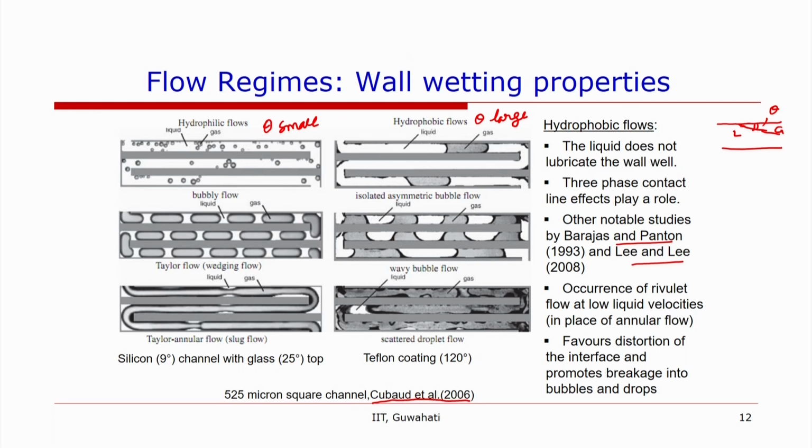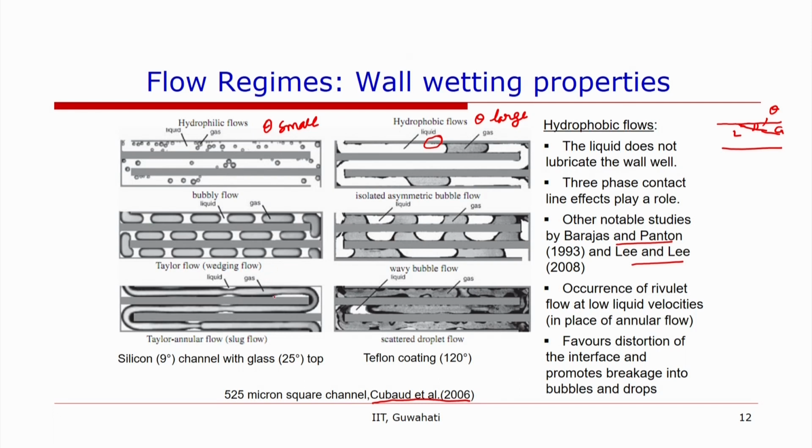In the hydrophobic channel, the liquid does not always lubricate the wall well. So, there is a three-phase contact line here, whereas in the hydrophilic channel we see bubbly flow, and the bubbles are smooth bubbles.